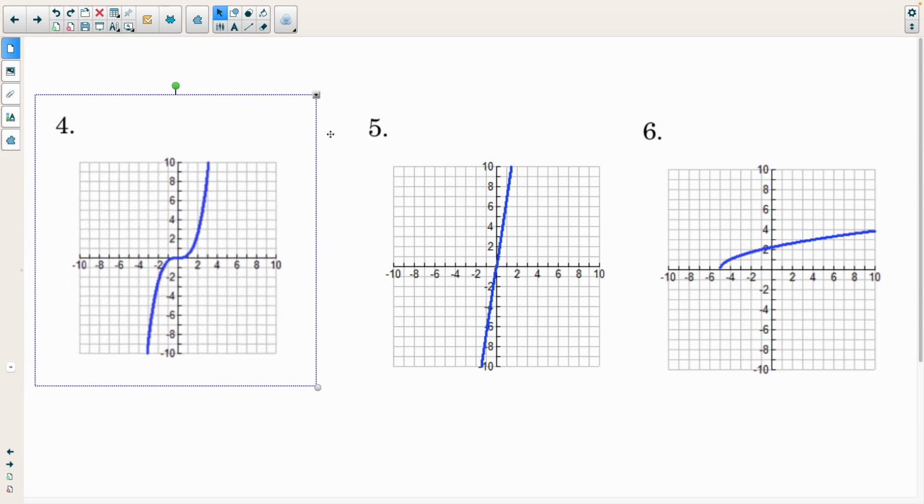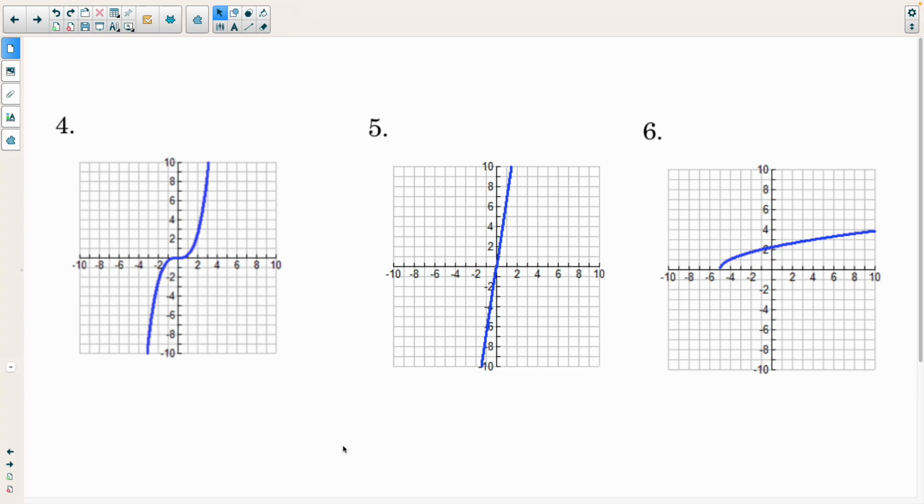Try to do 5 and 6. If the function doesn't go through (0, 0), then it's not going to be odd. It could be, it's more rare, but let me show you an example.